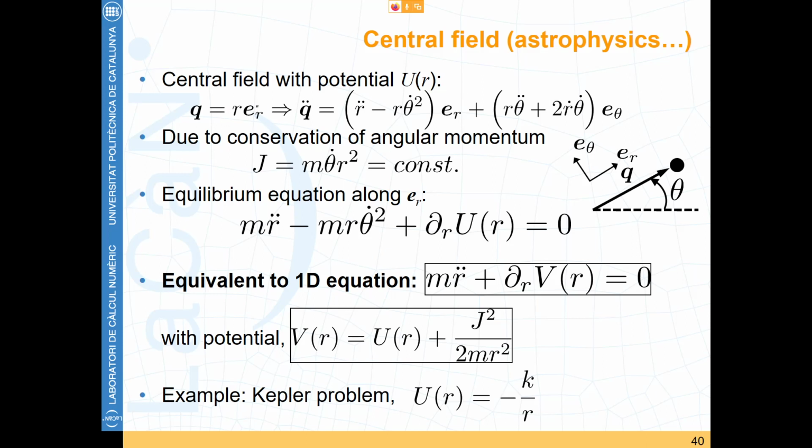Here we have r double dot, the acceleration along e_r, but we also need the time derivatives of this vector. The time derivative of this vector depends on theta dot, so we have a term that also includes theta dot.